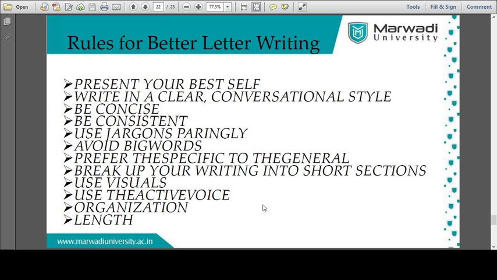Three to four paragraphs in the body of the letter should be enough. But if you want to put more information, that's fine, but it should not look like essay writing. So be specific with the length, and be specific with the content that you want to pass.